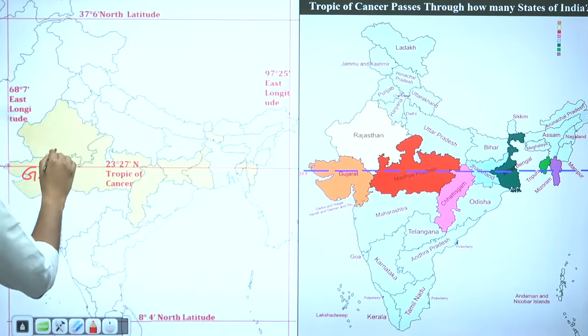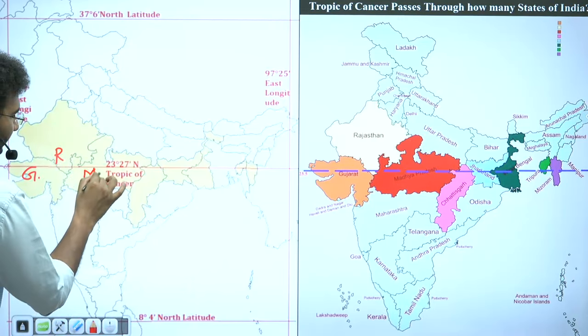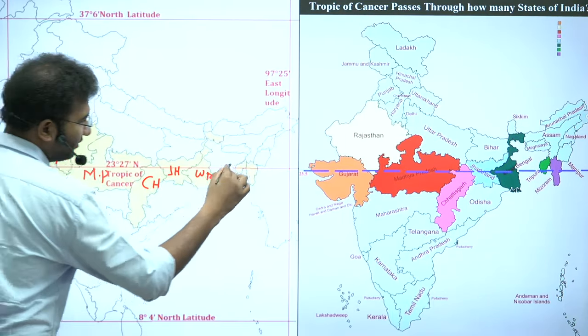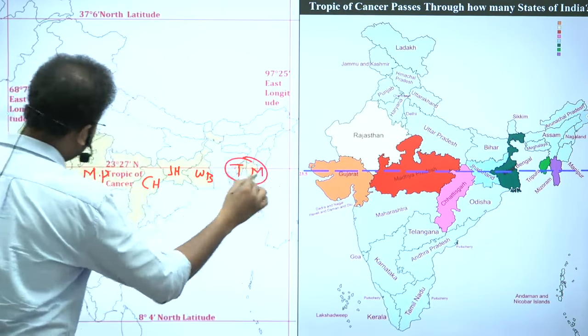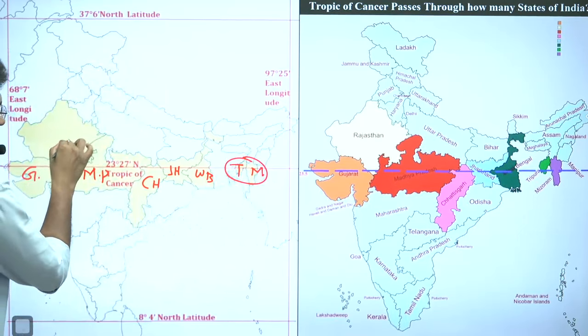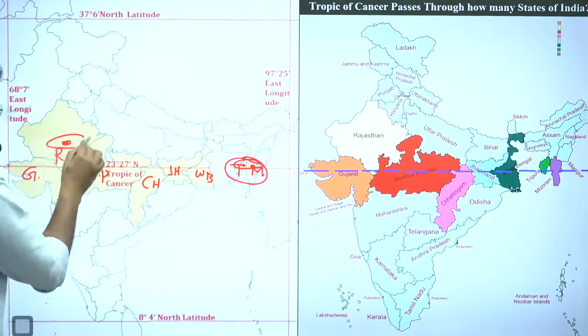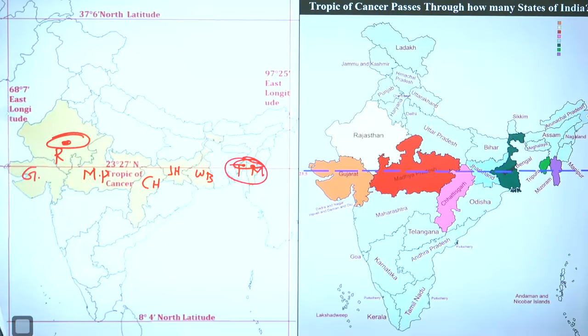Here the capitals of Rajasthan, Tripura and Mizoram are present north of the Tropic of Cancer, and the rest of the capital cities are present south of the Tropic of Cancer.